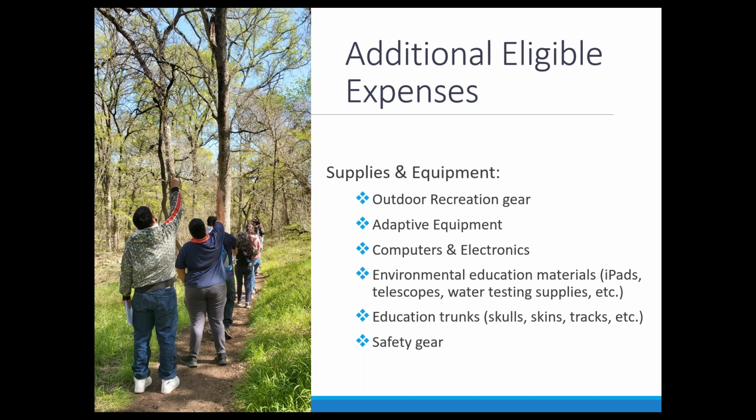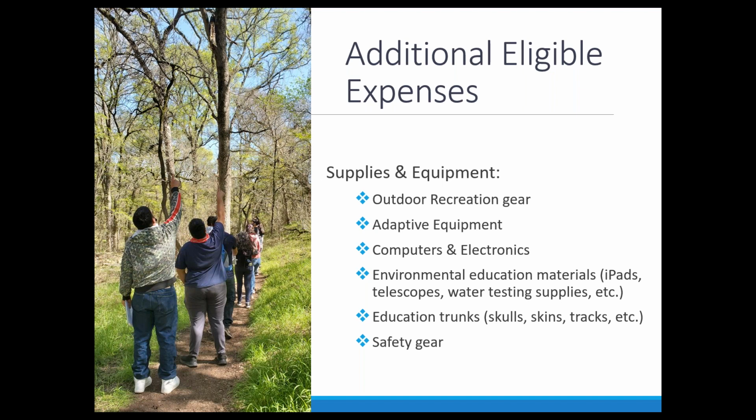Next up, we'll pay for all of the computers and electronics associated to your program. So if you have a program coordinator that's working directly just on this project, we'll pay for something like a computer for them, or iPads, or any other tablets that your participants are going to be using. We'll also pay for things like drones.